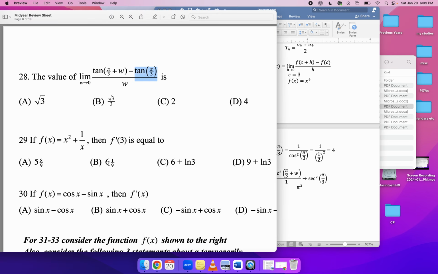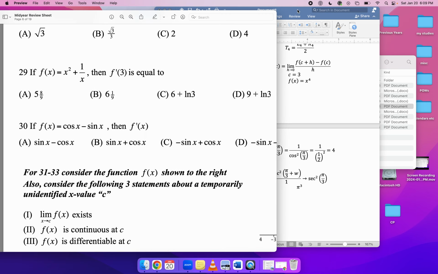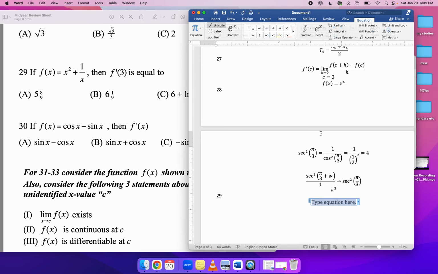Okay, 29. This just means find the derivative and plug in 3. That's all that means. So I would rewrite this. I would say this is x squared plus x to the negative 1. So therefore the derivative is 2x minus x to the negative 2. If you plug 3 into that, you get 2 times 3 minus 3 to the negative 2.